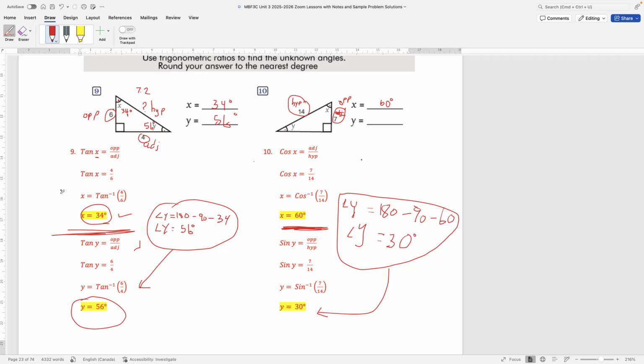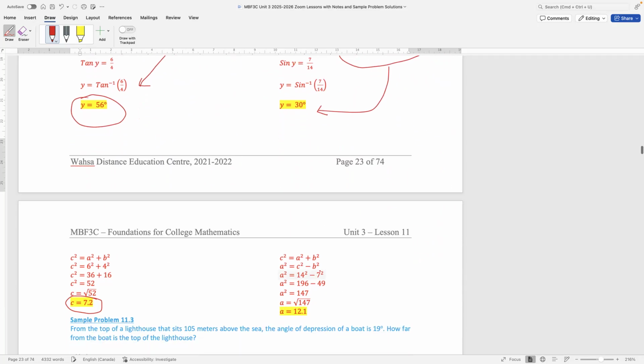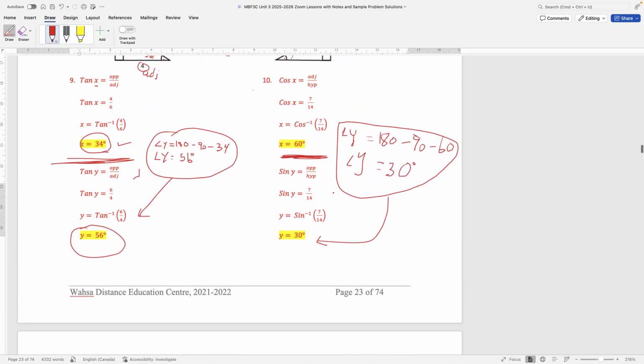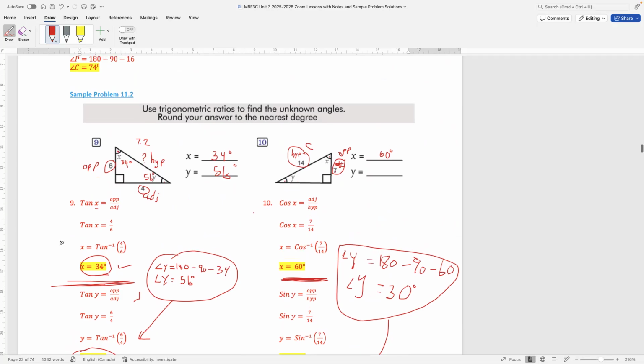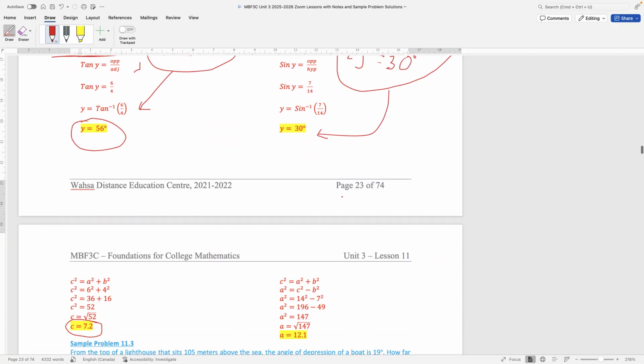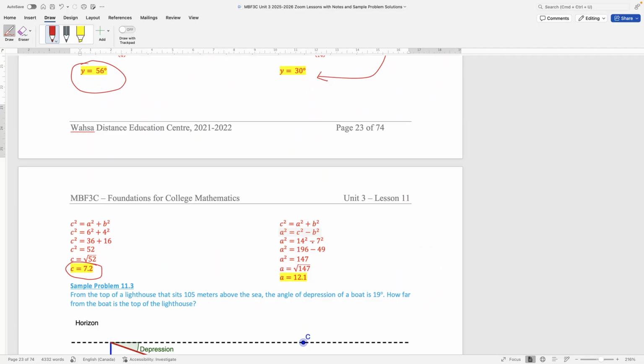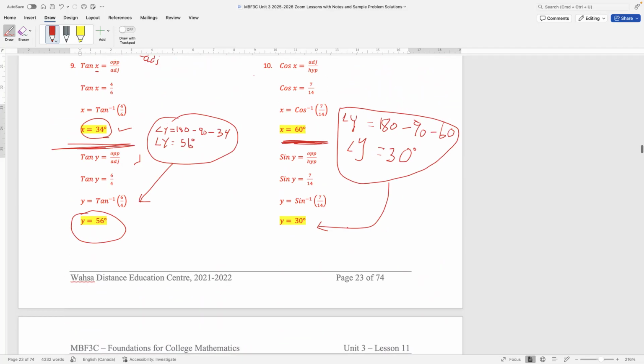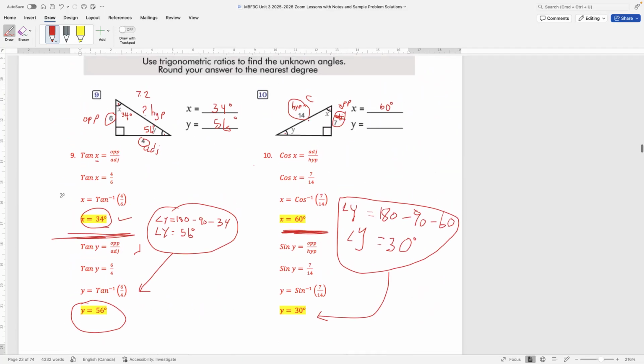So now we have the two sides. I know the hypotenuse, which is C, and then I have to solve for A or B. So C squared equals A squared plus B squared. A squared, because we're talking about one of the shorter sides now, is going to be C squared minus B squared due to substitution. So C is 14 and B or A is 7.